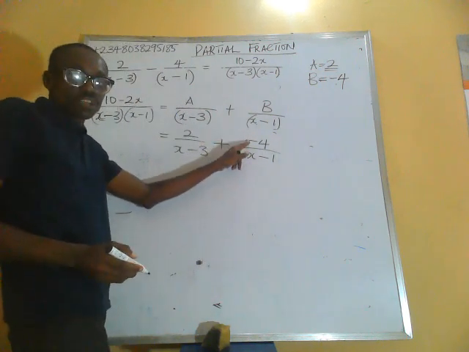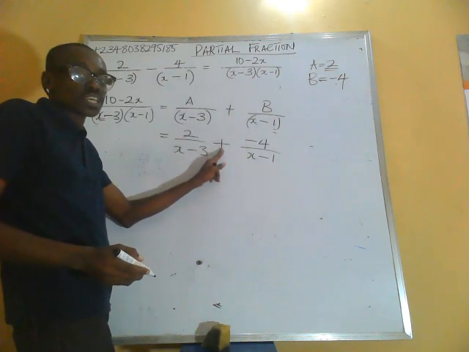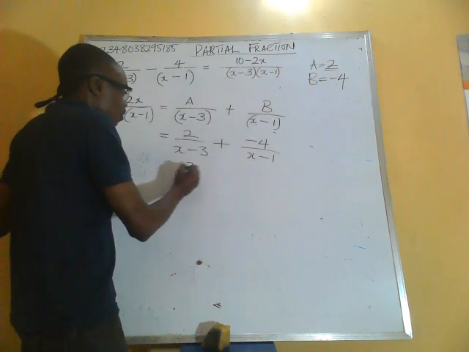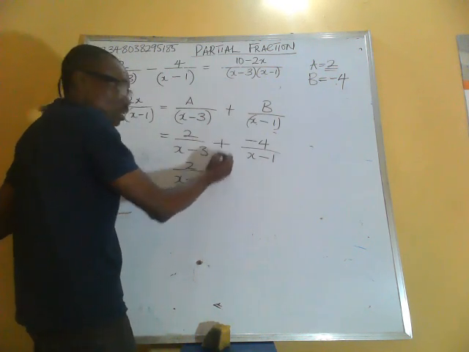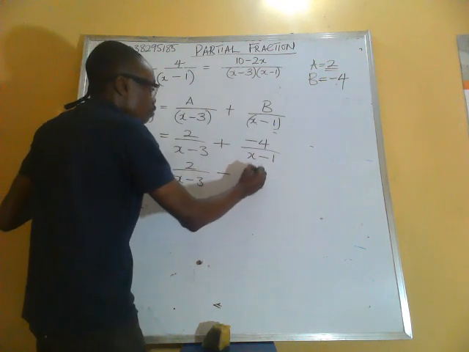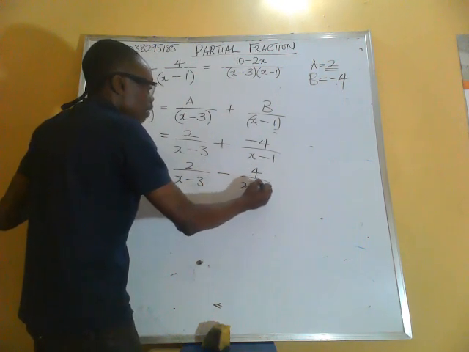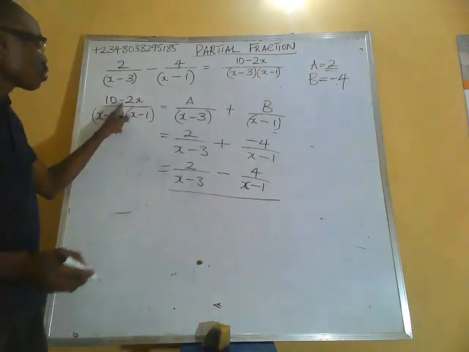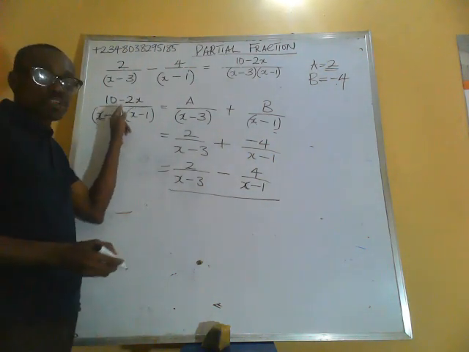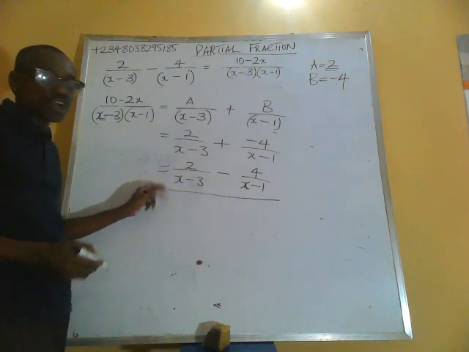So minus times plus, what does it give you? You have 2 into x minus 3. Minus times plus gives you a minus. So you have 4 over x minus 1. So we've successfully resolved the algebraic fraction here into its partial fraction.